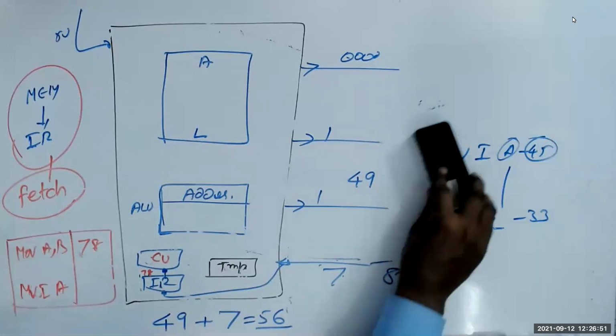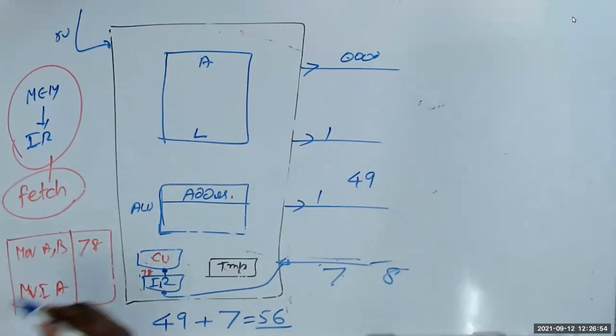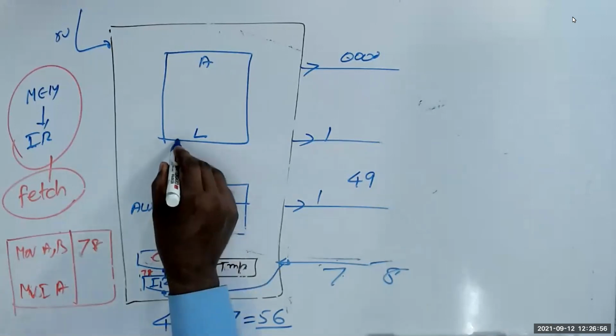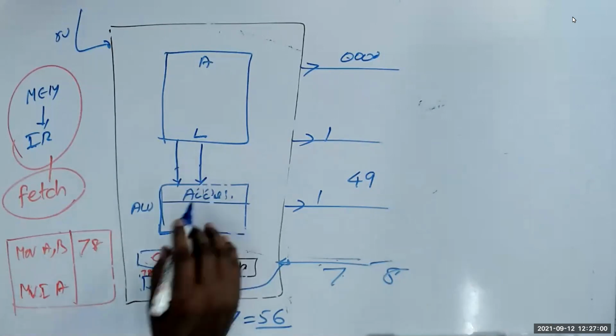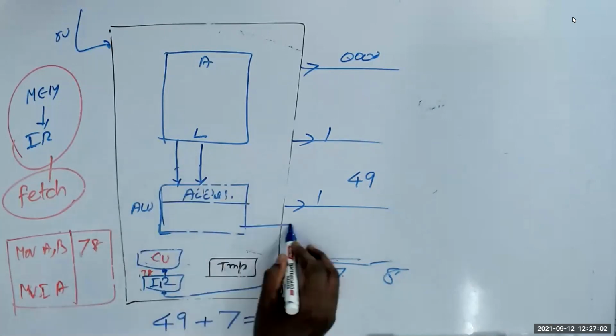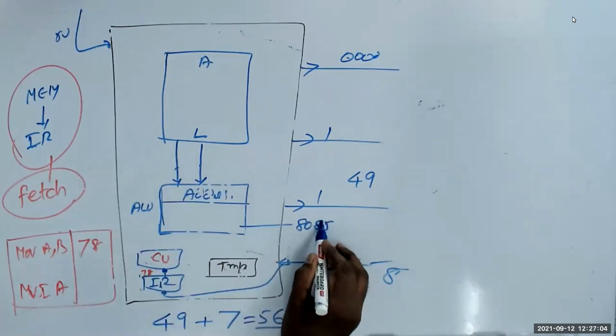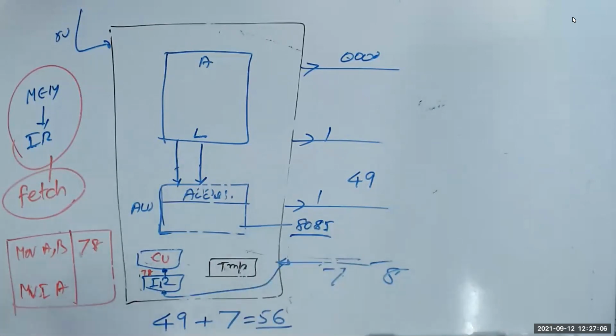Now, if I have an adder, I perform addition of 2 numbers. The adder inside the 8085 performs addition of only 2 numbers.